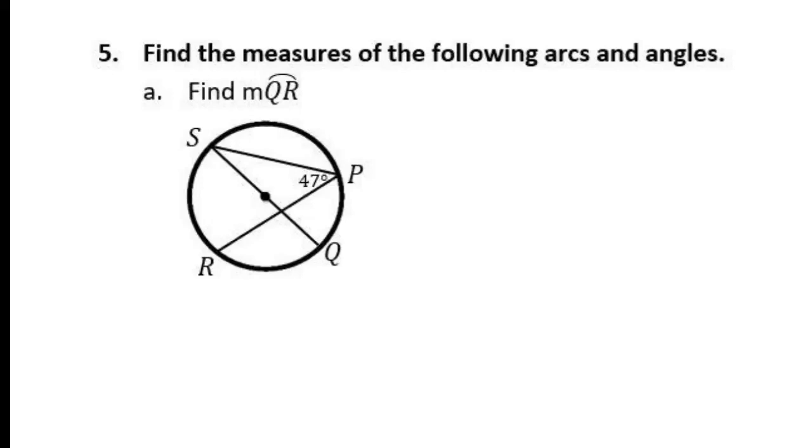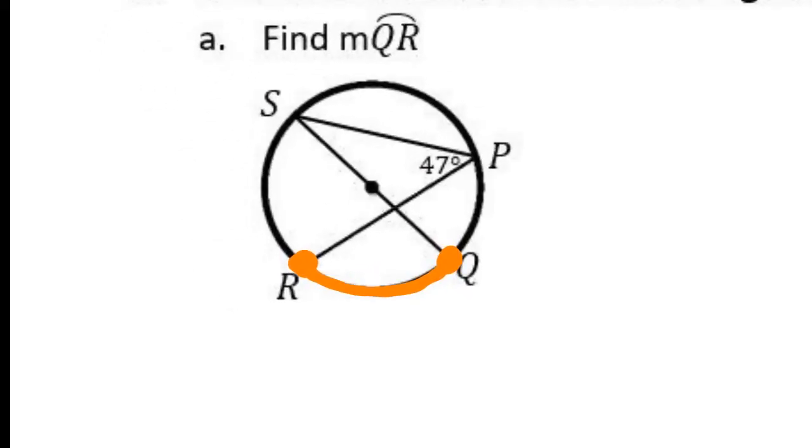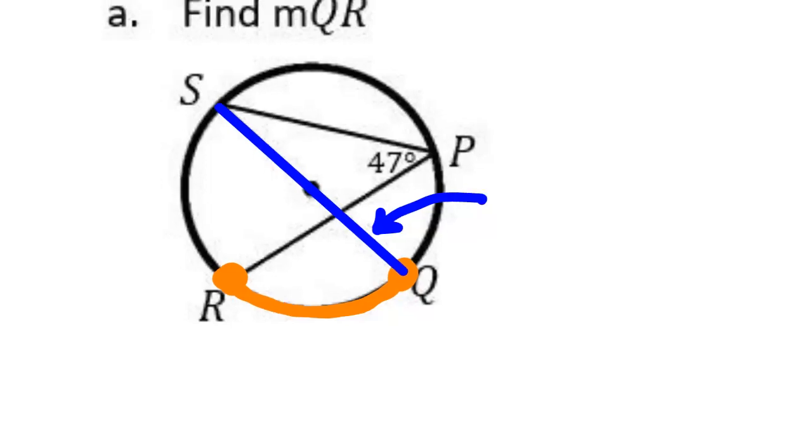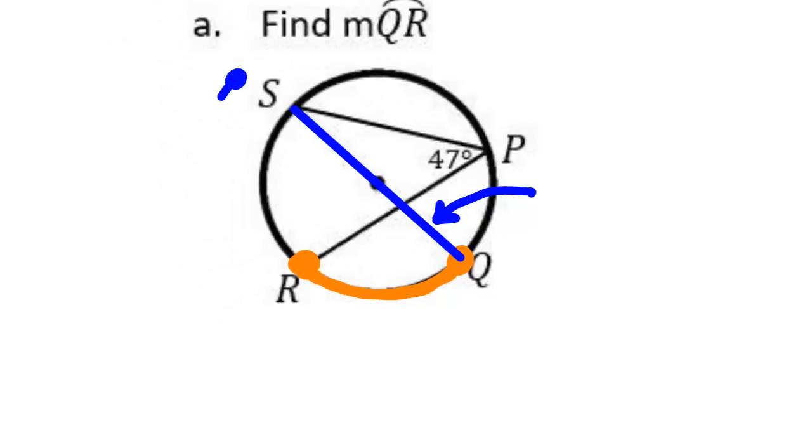Number 5, they want me to find the measurement of arc QR. Well, what do you notice about SQ? What would we call SQ? Arc SQ would be a semicircle, yes.